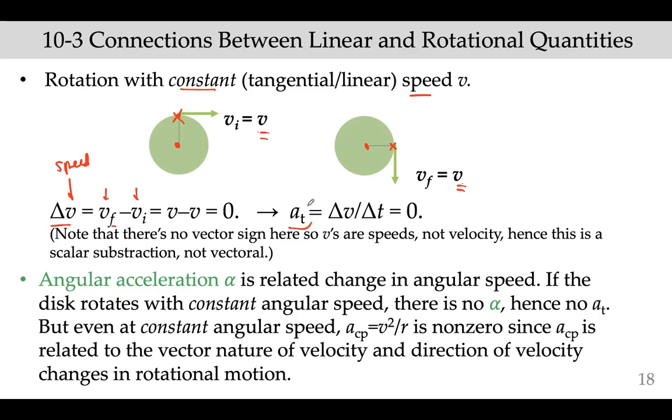Now, if you calculate AT, which is the tangential acceleration, which means the change in this speed, which is delta V, in this case 0, divided by delta T, we find 0. Now, note that there's no vector sign here, so V's in these formulas are not velocities. Hence, this is a scalar subtraction, not vectorial.